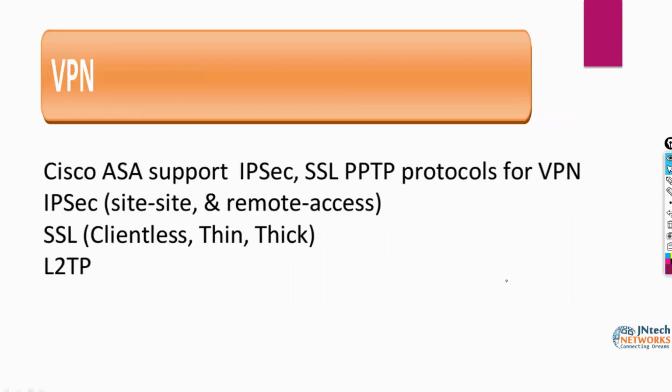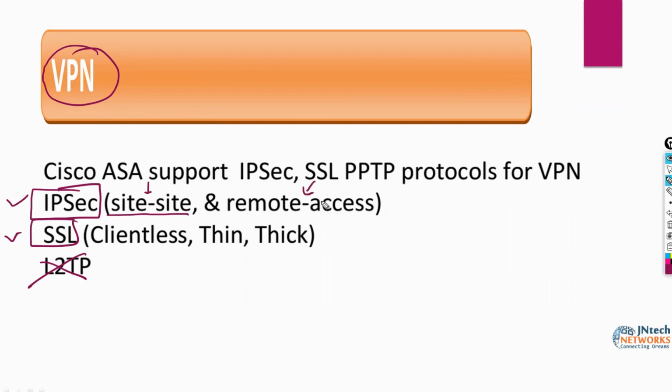Okay, now you can implement VPN concepts on Cisco ASA like other vendors. You can go with site-to-site VPN implementation, or you can implement IPsec or SSL. L2TP is not your topic. In IPsec, we can focus on site-to-site VPN or remote access VPN.